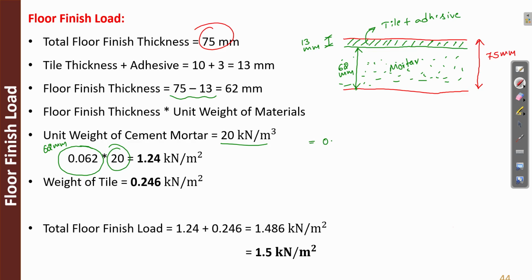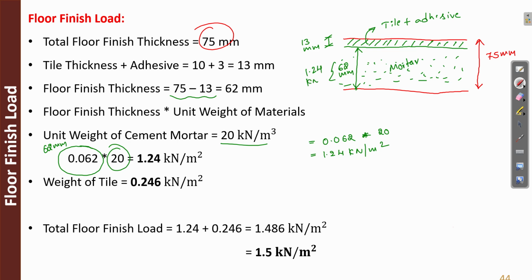So 0.062 multiplied by 20 will be 1.24 kilonewton per meter square. So this is the weight of this 62 mm.